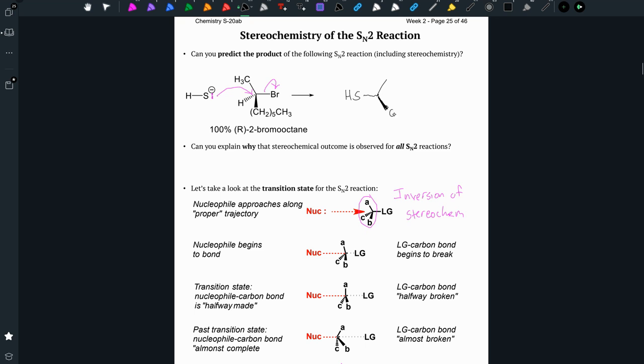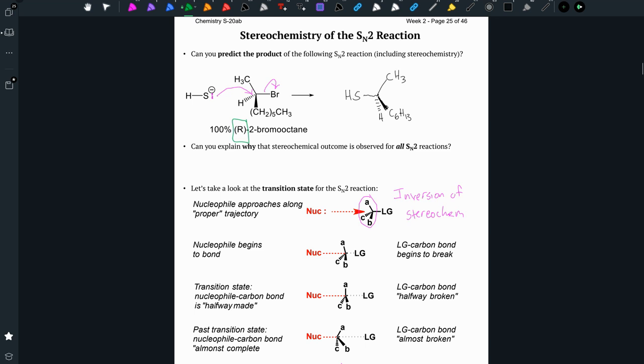What is this? C6H13. My hydrogen is going back into the page still, and I have a CH3 group here. The stereochemistry has been inverted. If I assign R or S to the first one, I have high priority 1, 2, 3 clockwise with hydrogen going back. So this starts as R.